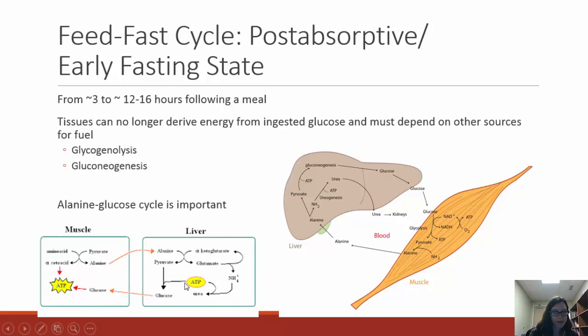So we have that here, generation of ATP. Okay, so then the amino nitrogen from the amino acid is then converted into urea in the urea cycle, and then that's excreted by the kidneys. So this is the glucose-alanine cycle, and this is really important in this post-absorptive early fasting state.